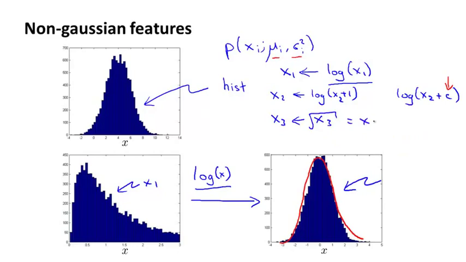The square root is just x3 to the power of 1/2, right? And this 1/2 is another example of a parameter I can play with. So for x4, maybe I'll instead replace it with x4 to the power of something else, maybe to the power of 1/3. All of these, the exponent parameter or the c parameter, are examples of parameters you can play with in order to make your data look a little bit more Gaussian.